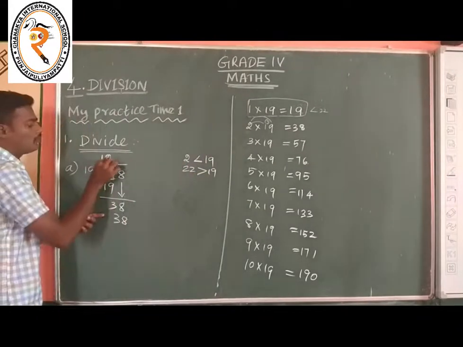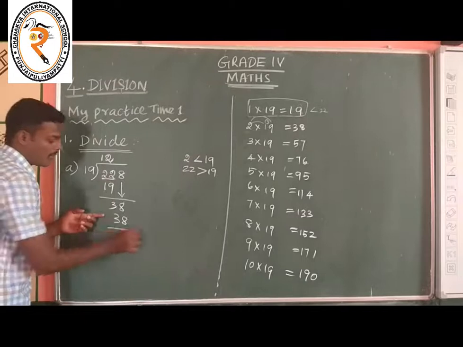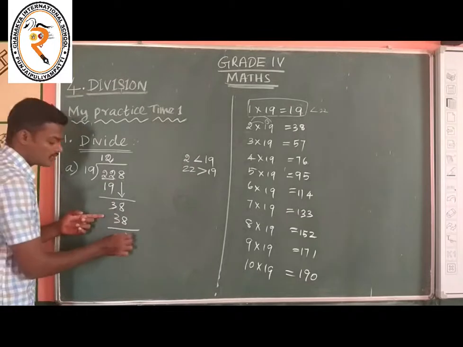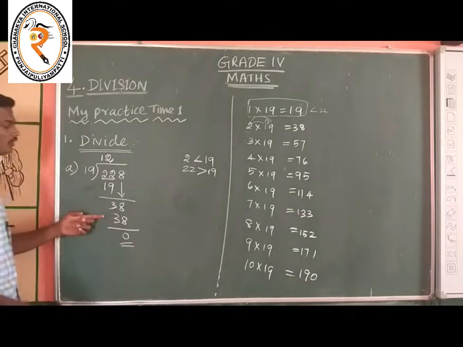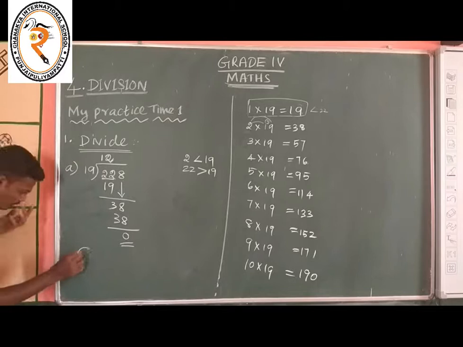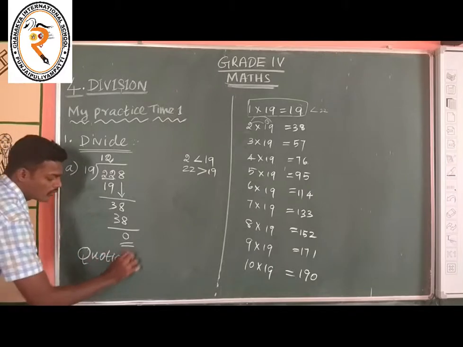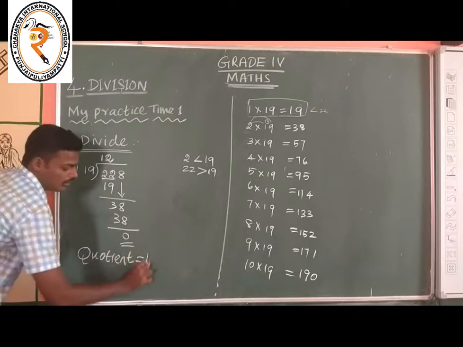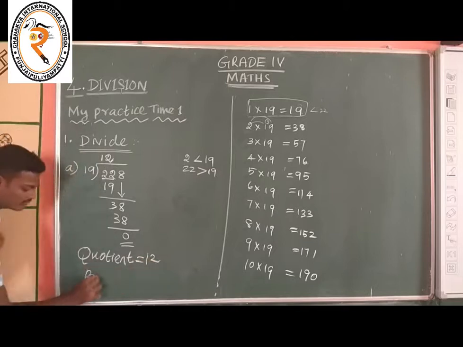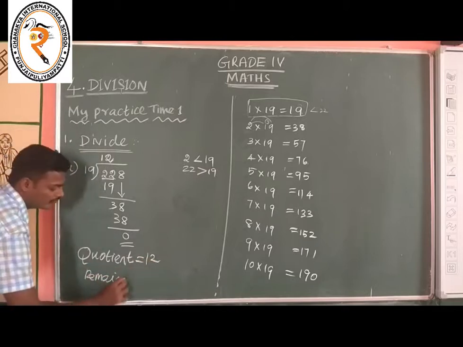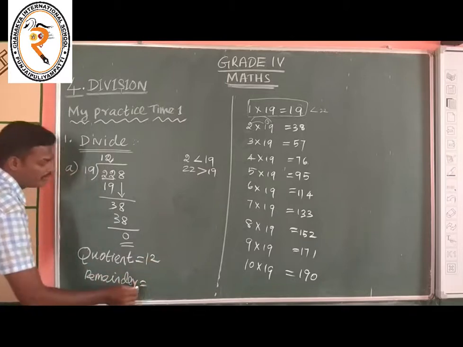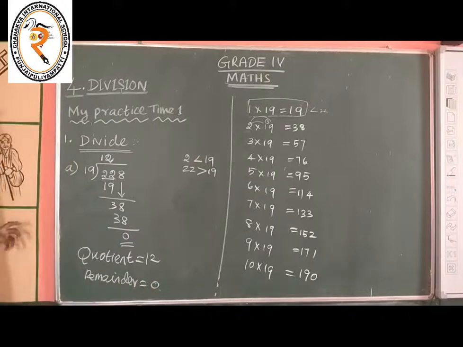In the quotient put 2. We subtract 38 minus 38, the answer is 0. Therefore quotient 12 and the remainder equal to 0.